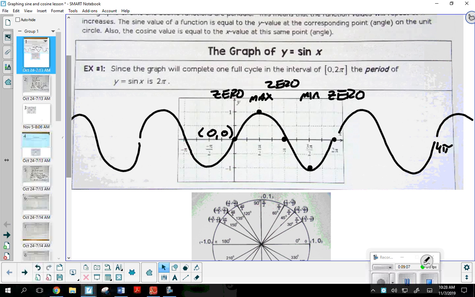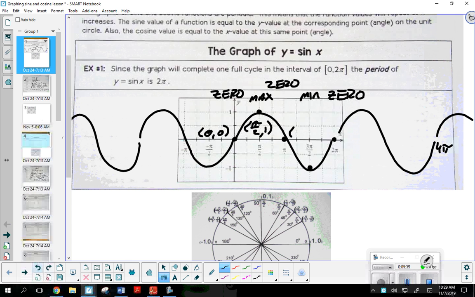What would the coordinate of that maximum be right there? What radian measure did I use? Yeah, I went to pi over 2, and that'll give me what output? Okay, 1. So this ordered pair right here is pi over 2, comma 1. So what's this third ordered pair that we're calling the next 0?